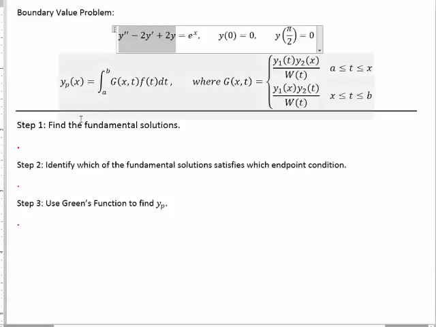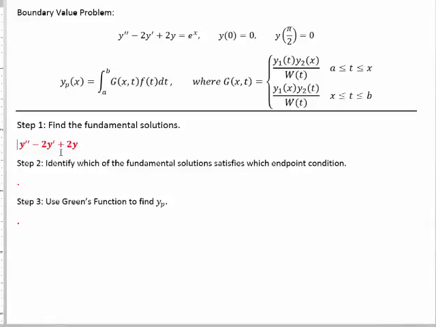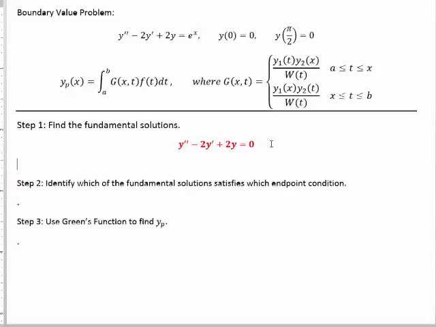Alright, so what we're going to need to do to begin with is find the fundamental solution, which is essentially looking at the solution of this thing equal to 0. So if you remember how to do that, we need to identify the auxiliary equation.